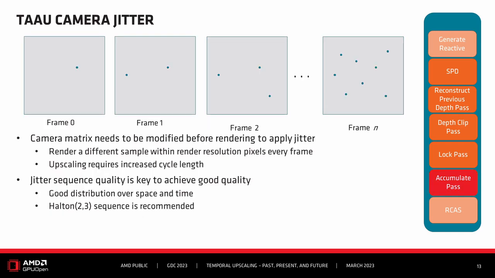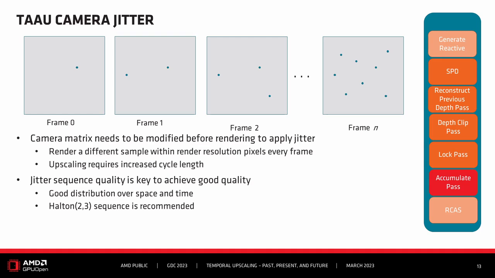The first thing you want to do when you start implementing a temporal anti-aliasing or temporal anti-aliasing upscale solution is to have a good camera jitter. So even if the camera doesn't move and the scene doesn't move, you want over time to accumulate different sample locations within your pixel to get you a nice anti-aliased result. The importance here is that the jitter sequence needs to have a good distribution over space and time.